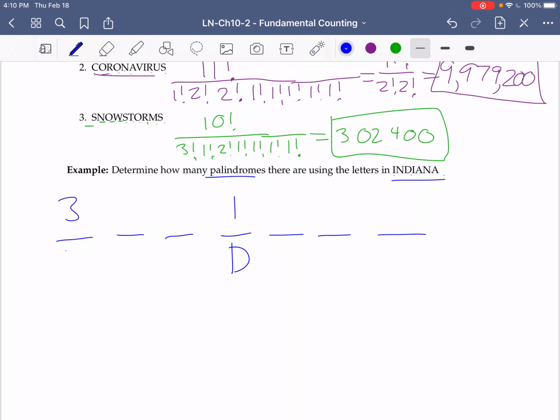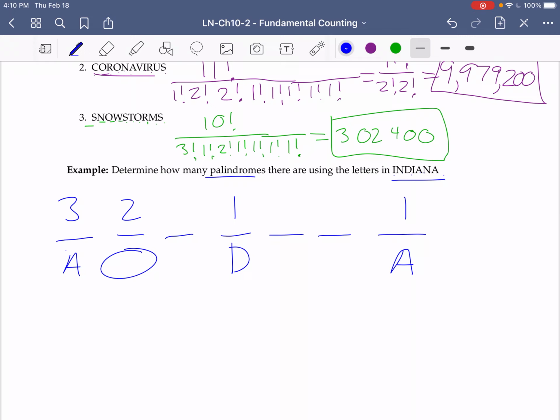If we put, say, an A as the first letter, let's pretend we've placed an A there. Do we know anything about where another A has to go? It would have to go at the end because it's a palindrome, so it has to be the same forward and backwards. That other letter A is forced to go as the very last letter. What about the second letter? If we've already chosen one of these 3 letters, there are 2 options available for this next letter.